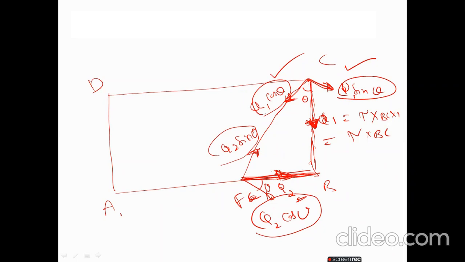Here now what we have to calculate? We have to calculate the tangential forces as well as the normal forces. First, the normal forces: along Q1, this is the normal force Q1 sin theta, and here Q2 cos theta. These two are normal.